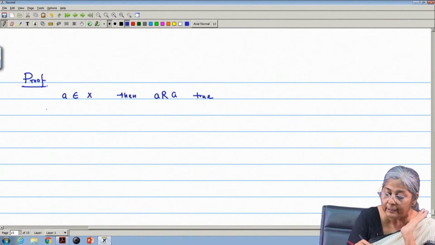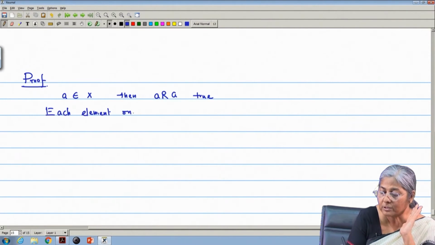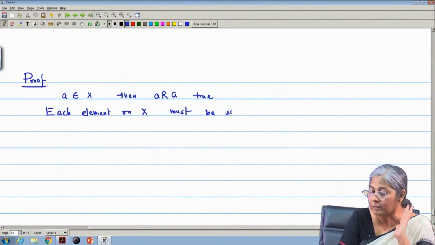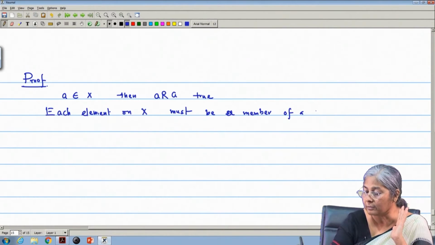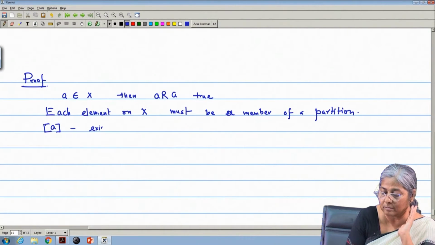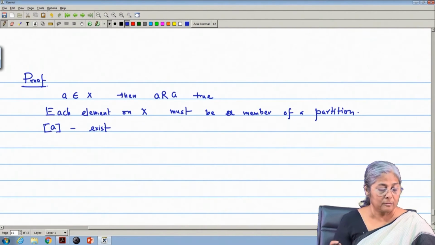So, first thing we can tell is that each element of X must be a member of the partition, because a R a, that means this [a] exists. So, it is a member.